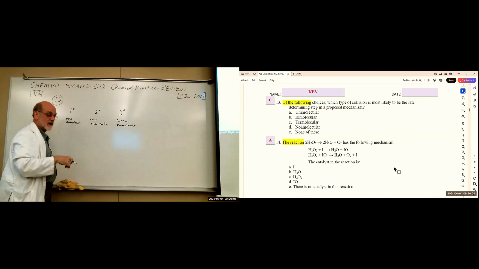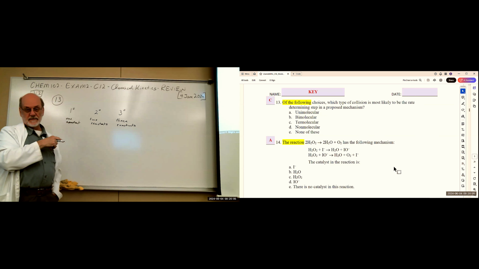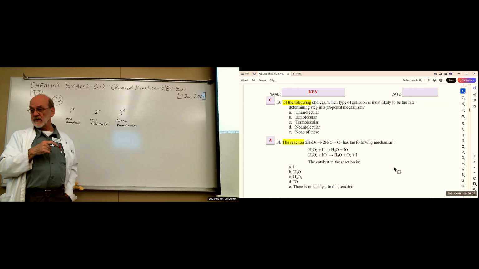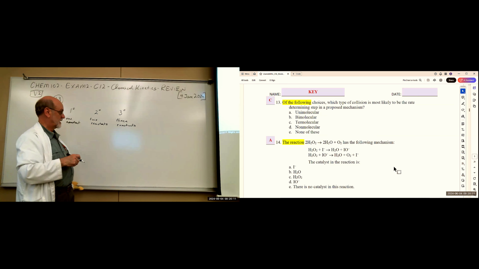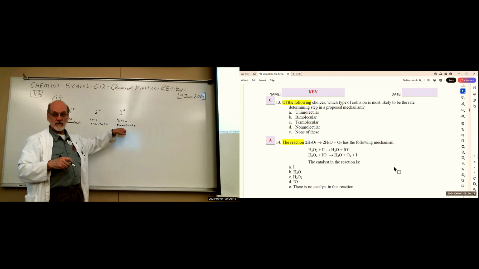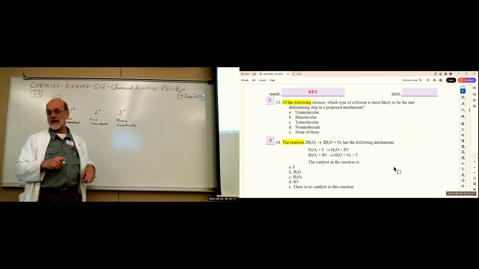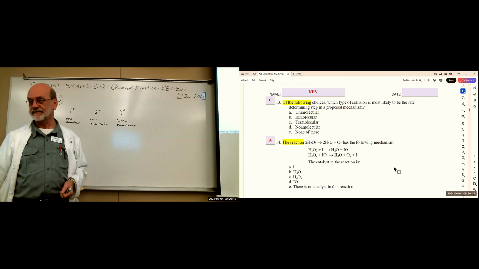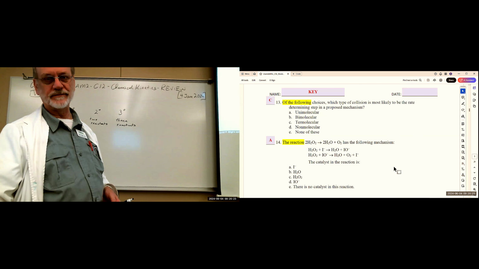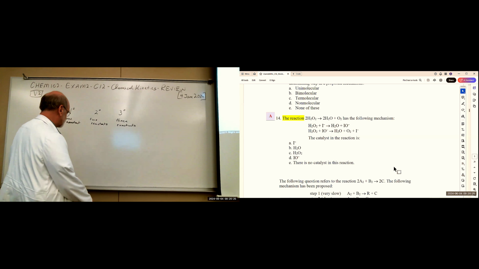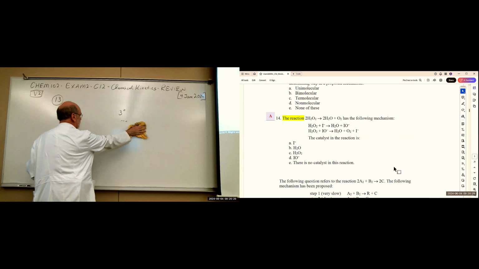If an elementary step in your mechanism is termolecular, which is very rare, but maybe you're forced to use that because nothing else works, then this is going to be the rate determining step. It is absolutely the slowest step in your mechanism, without a doubt. So that's why C is the answer. And it purely has to do with probability.